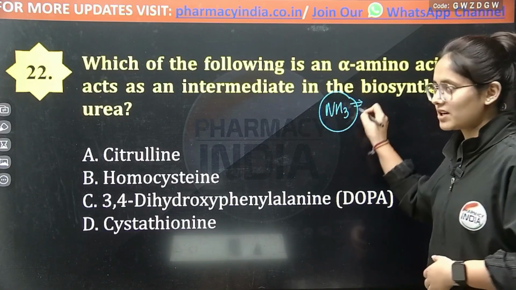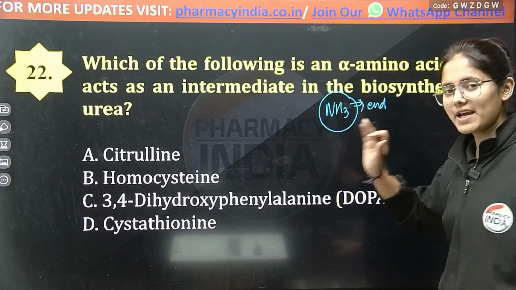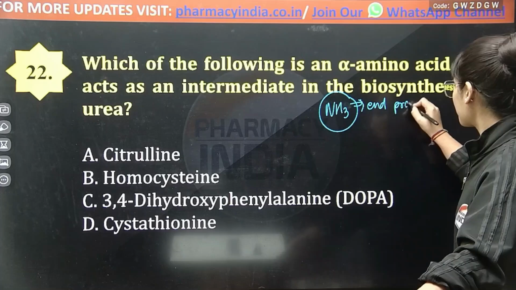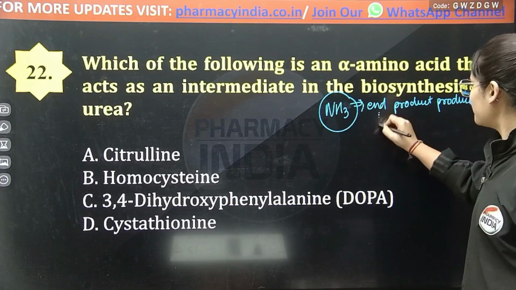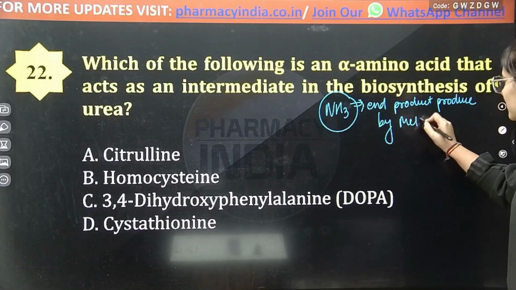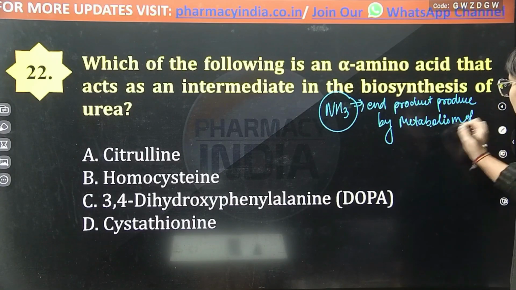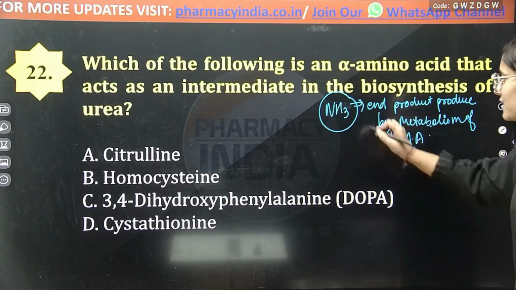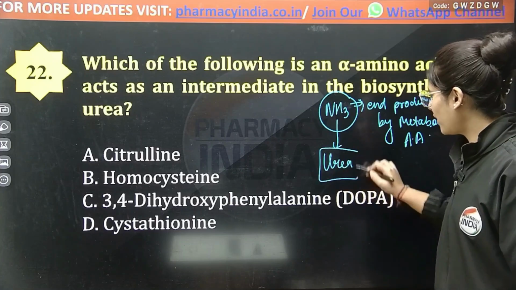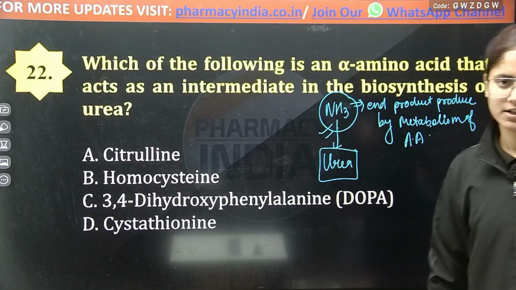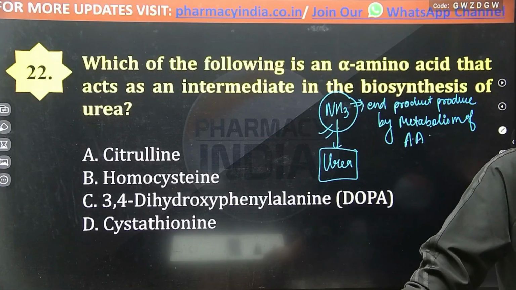Ammonia is the end product, or you can say waste product, produced by the metabolism of amino acids or protein. And from ammonia we form urea, because our body cannot excrete ammonia. Clear? So we have to convert ammonia into urea, then urea is excreted from the body.